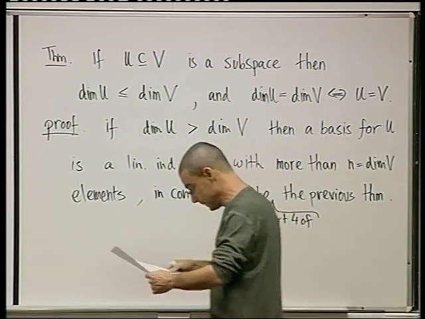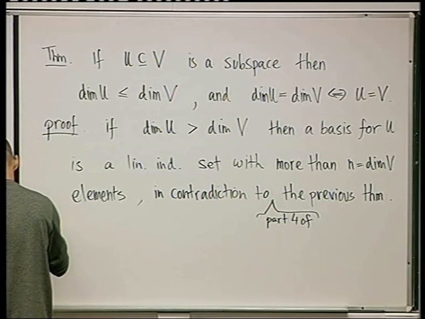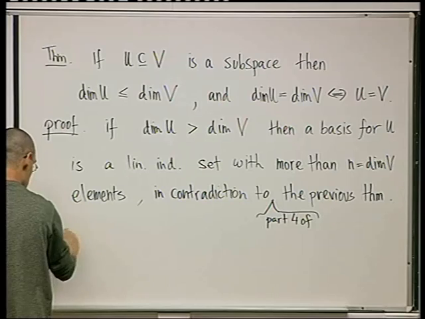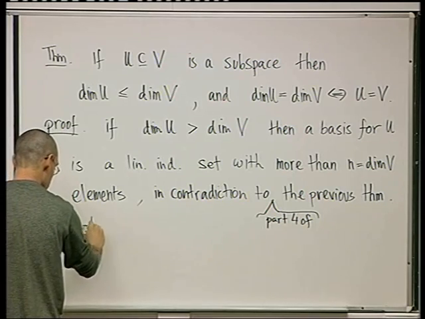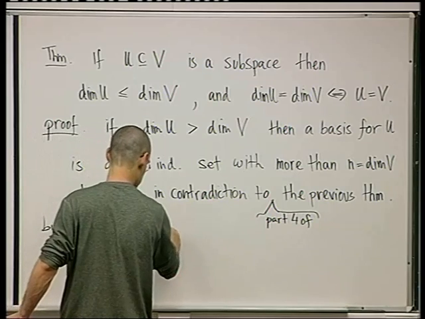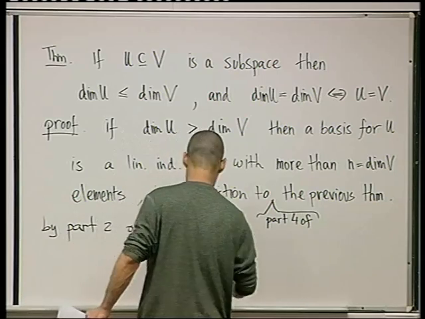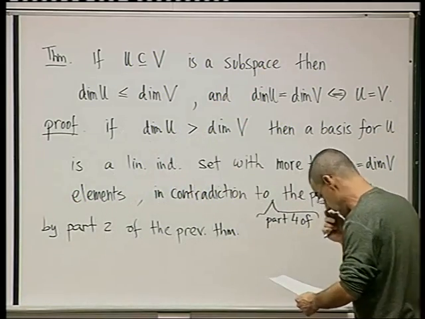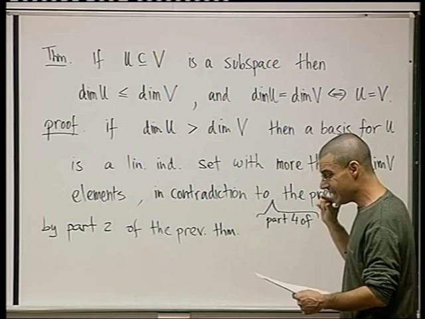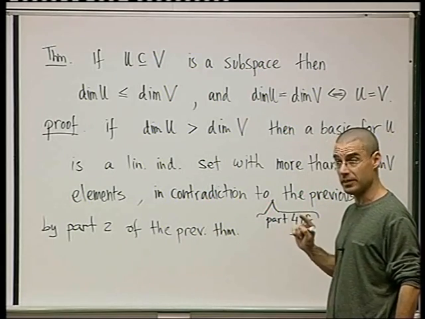Okay, so by part 2 of the previous theorem, which said that every linearly independent set with n elements is a basis.